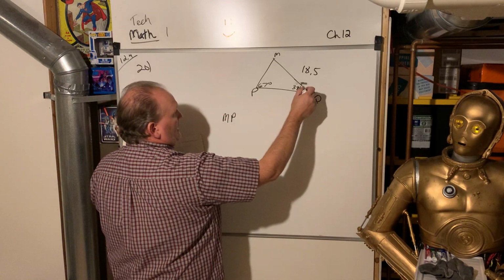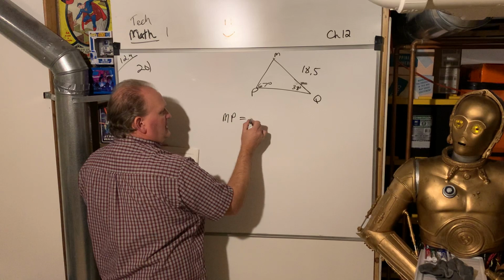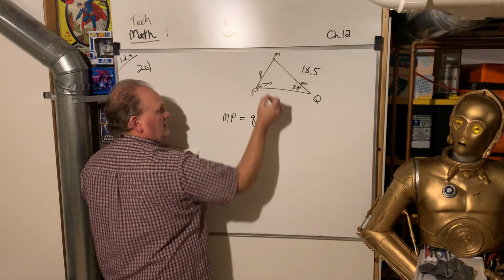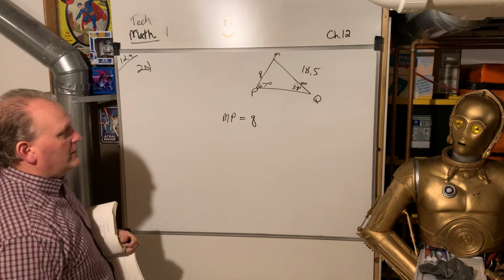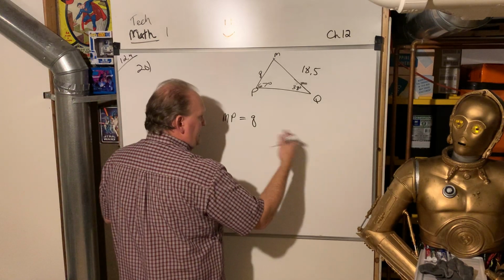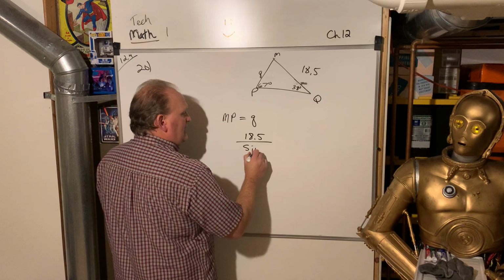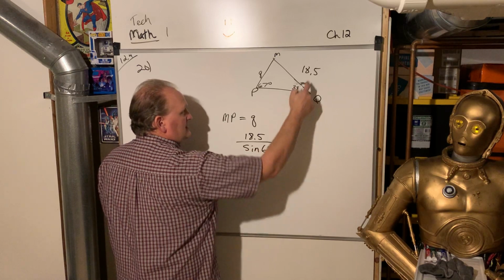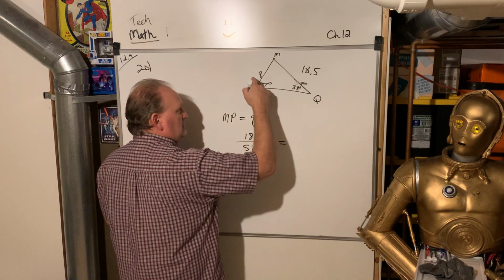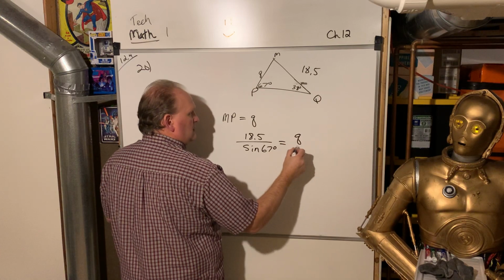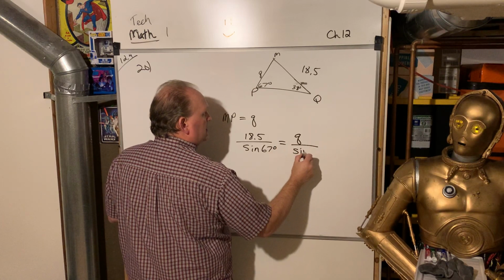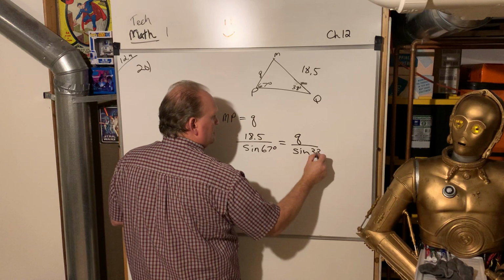We'll call MP little baby q, okay? So how would I go about doing that? Well, I would set it up. I would say 18.5 over the sine of 67 degrees is equal to q, which I don't know, over the sine of 38 degrees.